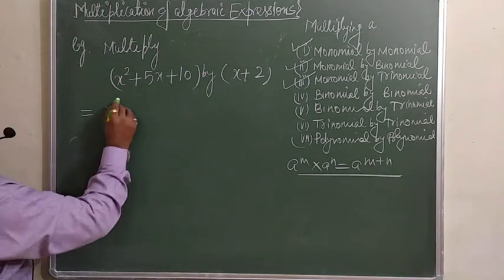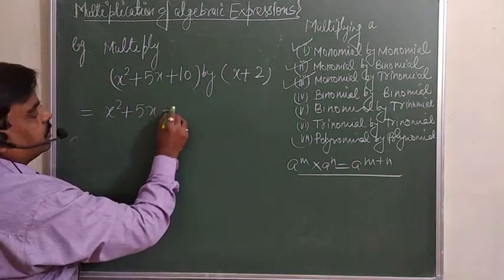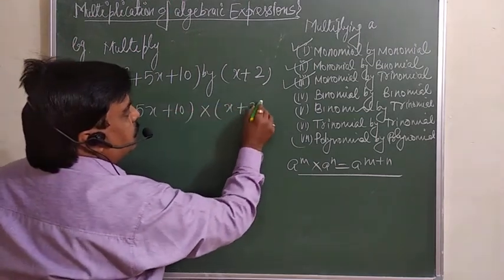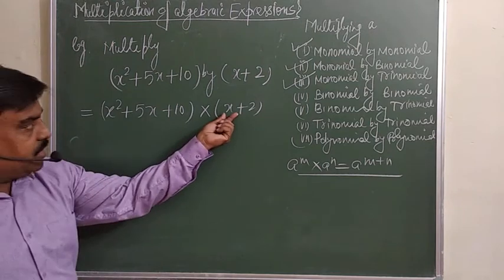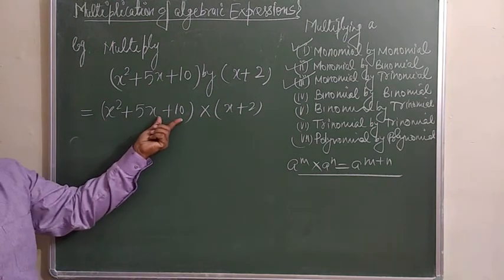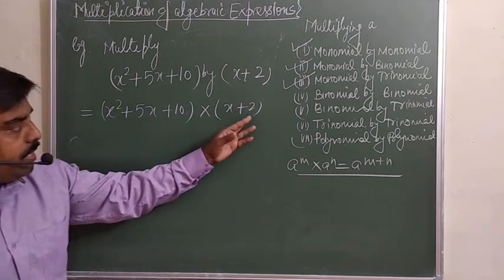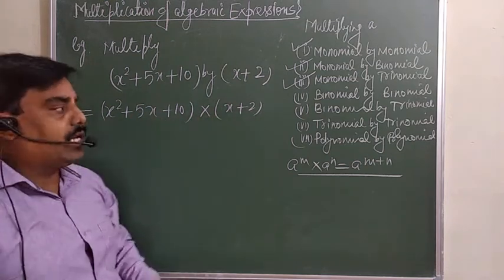Write down x square plus 5x plus 10 multiplied by x plus 2. What to do: first by x we will multiply these three terms separately, then by 2 we will multiply these three terms. We should be careful about the plus and minus.